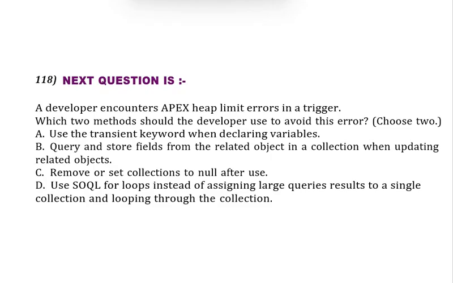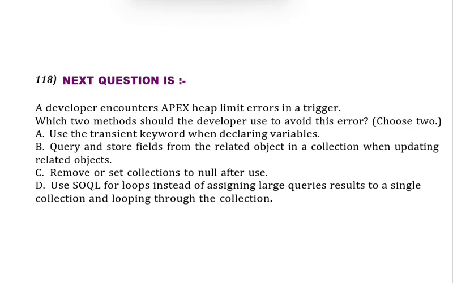Question is a developer encounters apex heap limit errors in a trigger. Which two methods should the developer use to avoid this error? Option A, use the transient keyword when declaring variables. Option B, query and store fields from the related object in a collection when updating related objects.